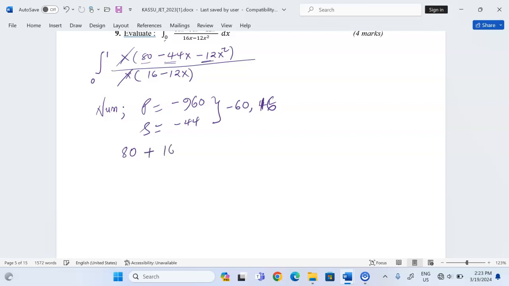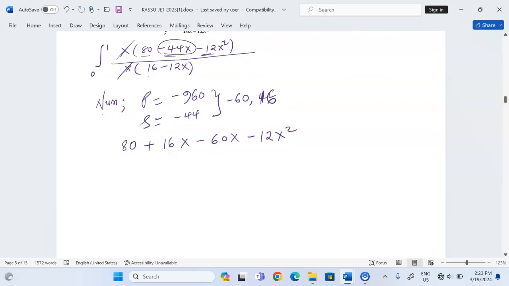Now we can continue factorizing, whereby we will have 80 + 16x − 60x − 12x². Remember, I'm just splitting −44 into 16 and −60. At this point, we can factor out 16 to remain with 5 + x.